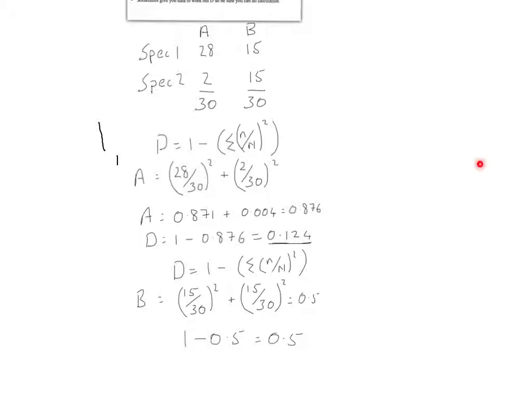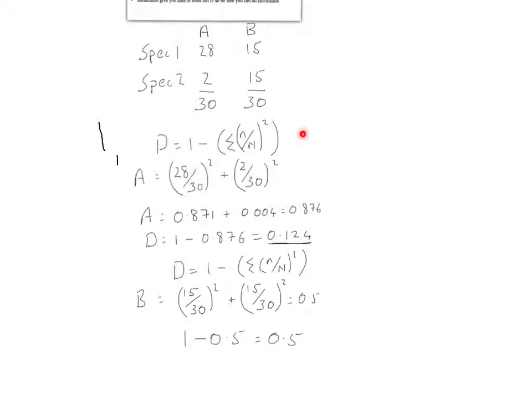The key thing is this little squiggly line means the sum of. So you work out little n over big N squared for all the species present, and then you add all those values together.